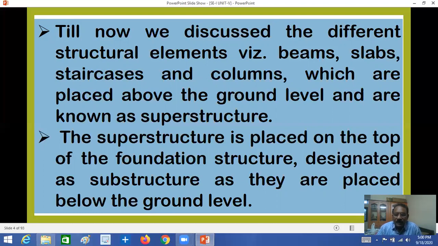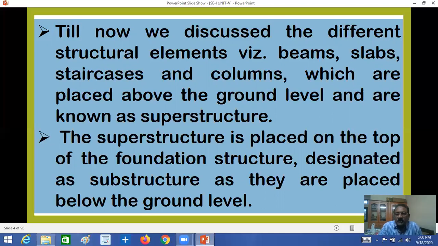In construction, we start from foundation, excavation, then footing, columns, plinth beams, again columns, and then beams and slabs, brickwork, plastering, etc. This is the reverse way of construction. But whenever you are calculating load, you have to come from top to bottom.